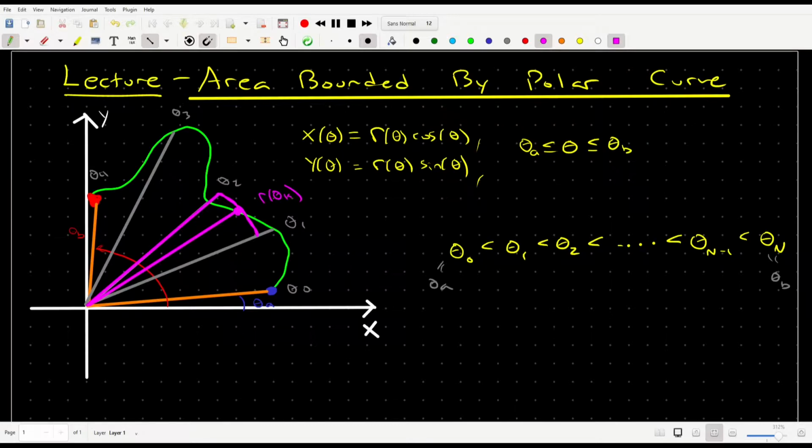This circular segment gives me an approximation to the area traced out by the function over this segment right here.